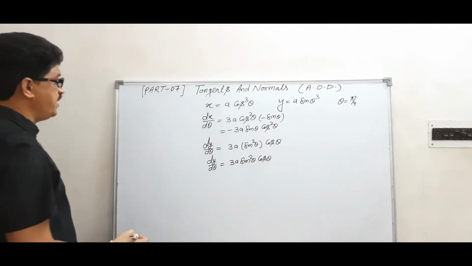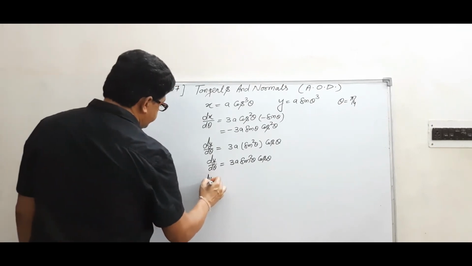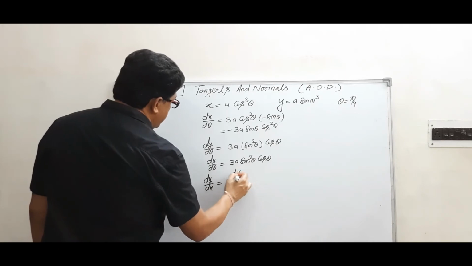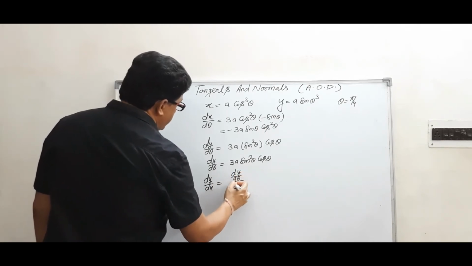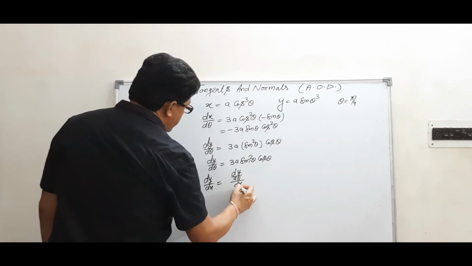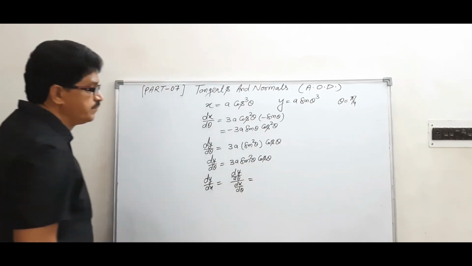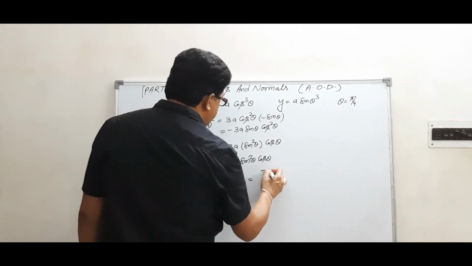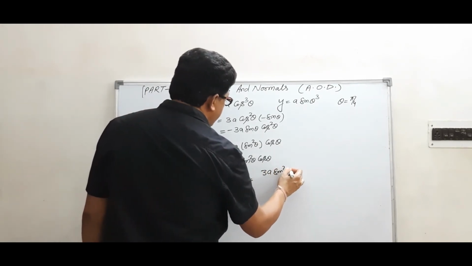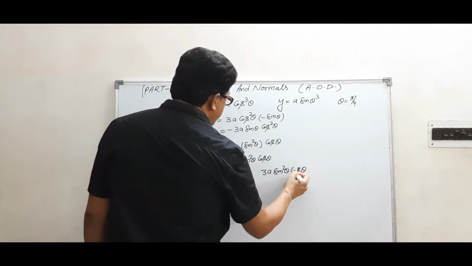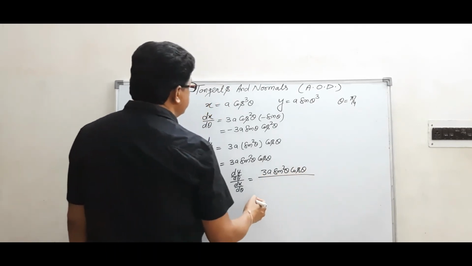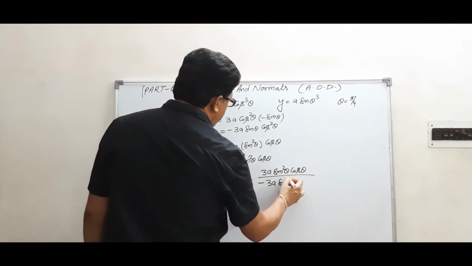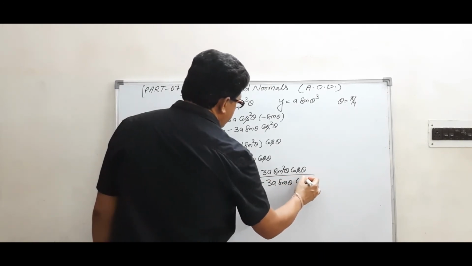Now we can find dy by dx. dy by dx is dy by d theta upon dx by d theta, which is 3a sin square theta cos theta upon minus 3a sin theta cos square theta.